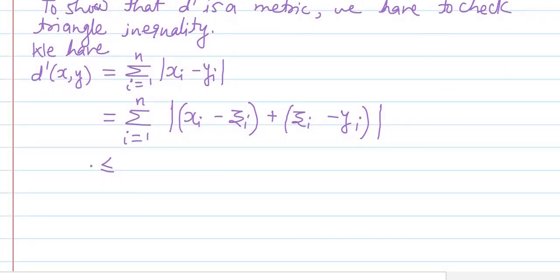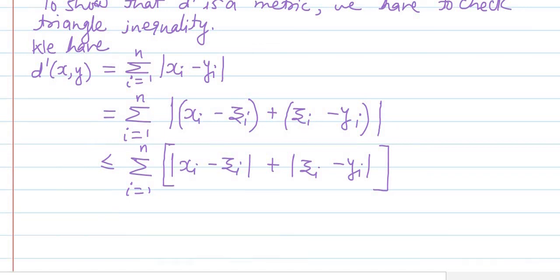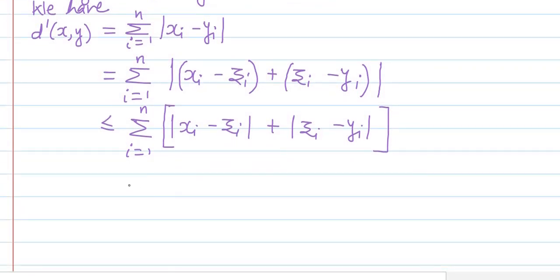So therefore this is less than or equal to summation over i equal to 1 to n mod of xi minus zi plus mod of zi minus yi. Okay, so by that property, mod of a plus b is less than or equal to mod a plus mod b.